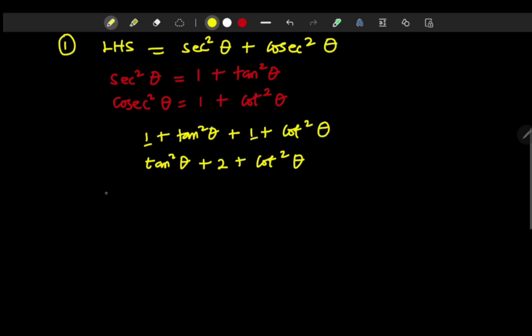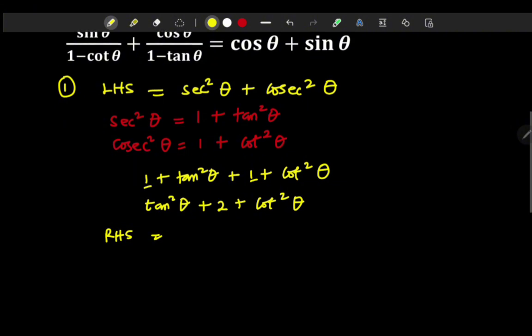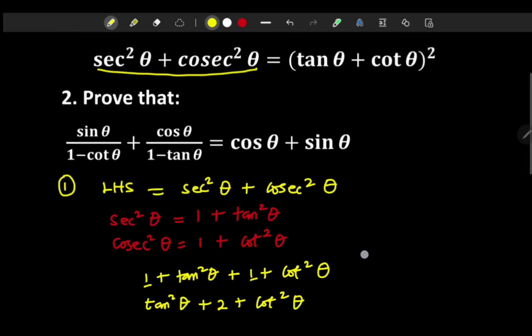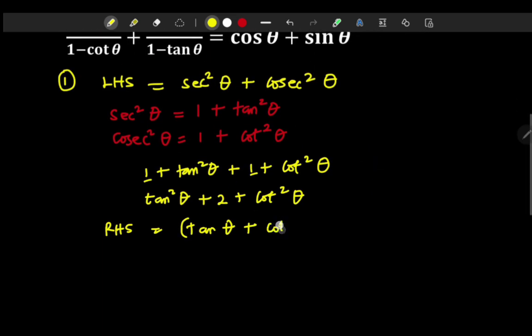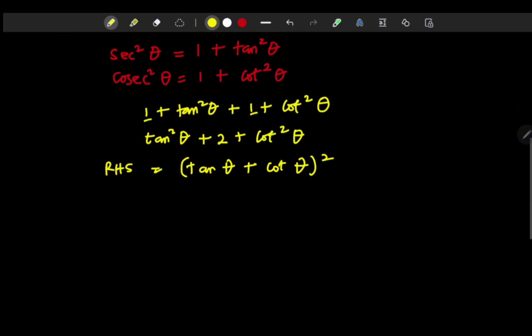Then we can go to the right hand side. Now in the right hand side we have tan theta plus cot theta, all squared. So let's expand this as a binomial expansion.